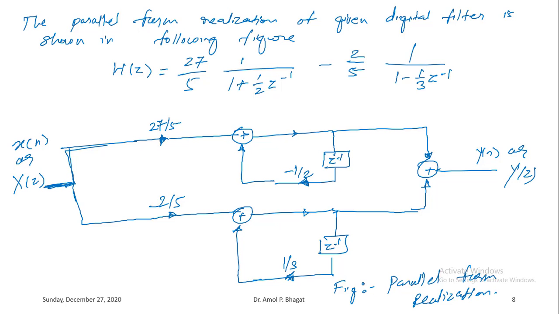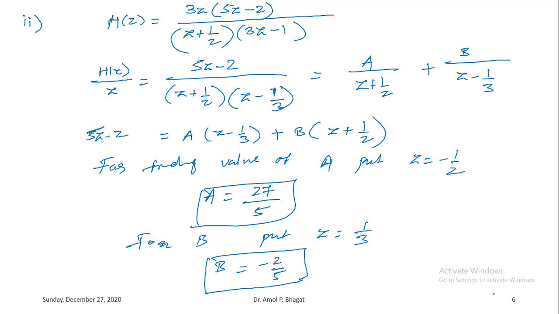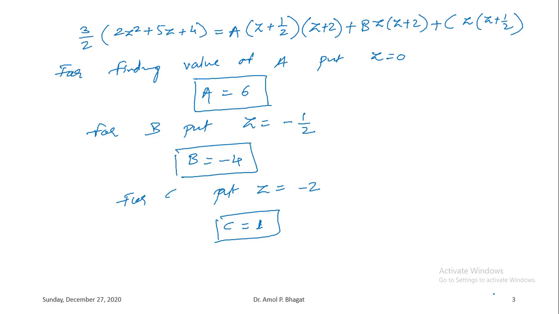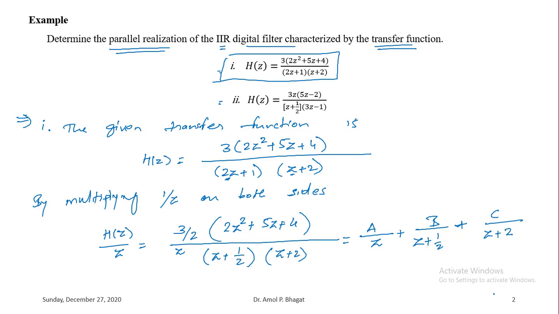Okay, so till this point we have discussed direct form 1 realization, direct form 2 realization, cascade realization, and in today's session we have seen parallel realization of IIR systems, right?